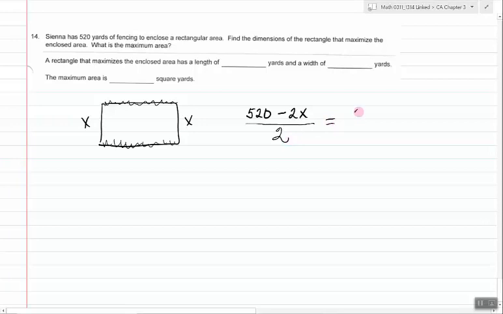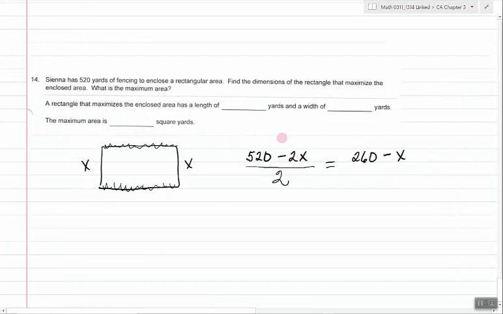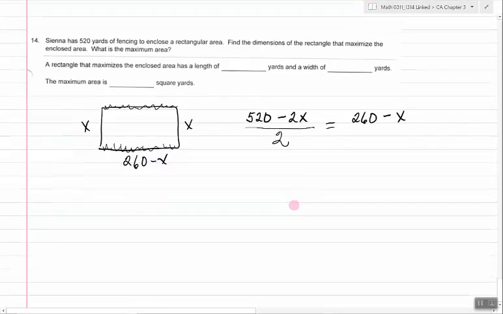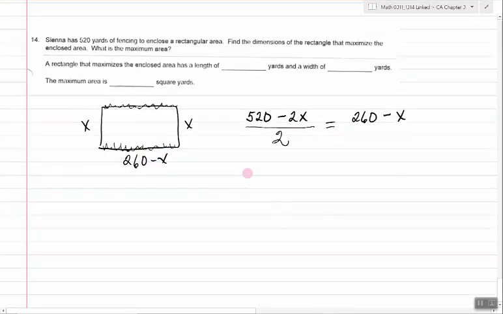That gives me 260 minus x. 2 goes into 520 260 times, 2 goes into 2x, x times. So this is 260 minus x. So this is the width, this is the length. They have to be in terms of variable x.